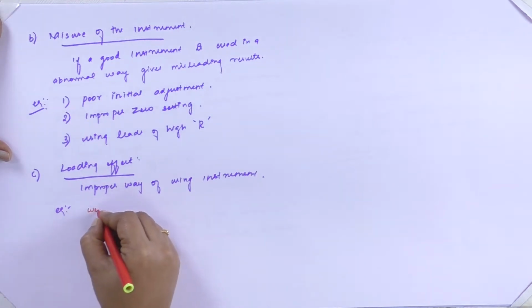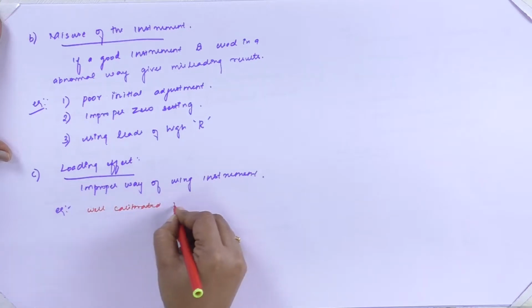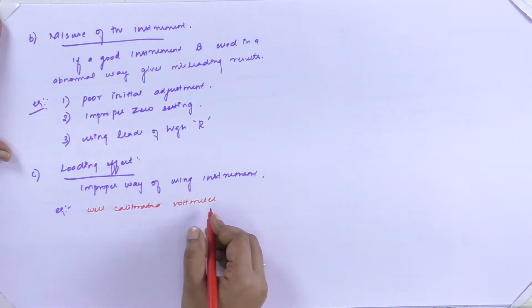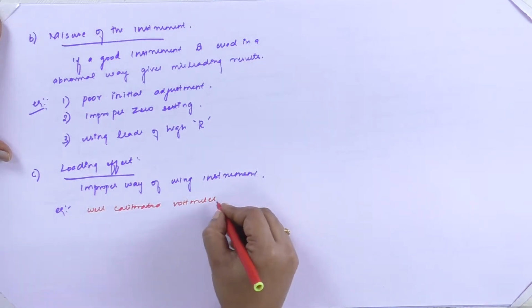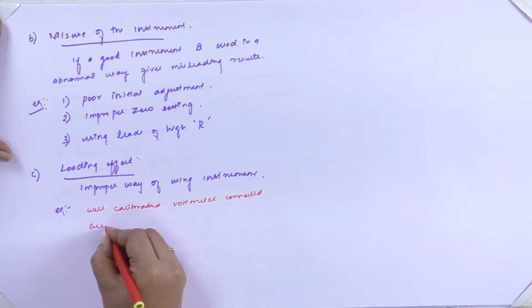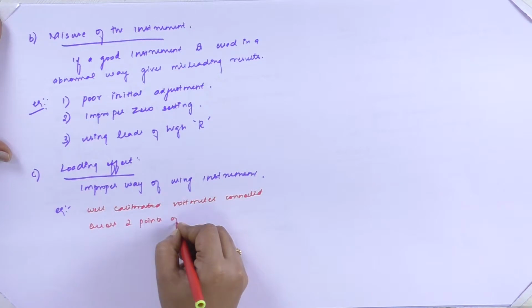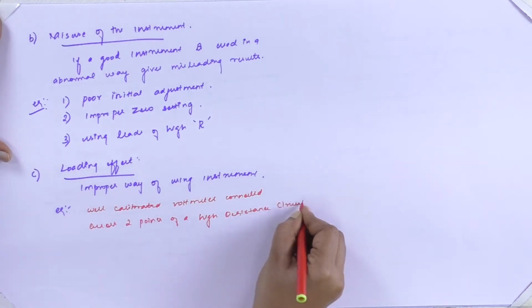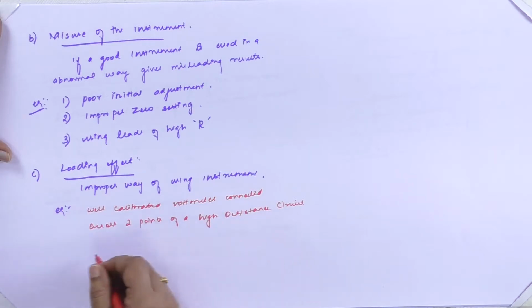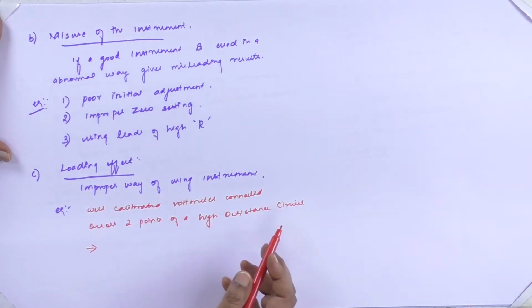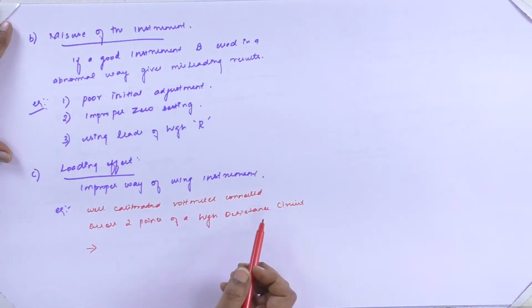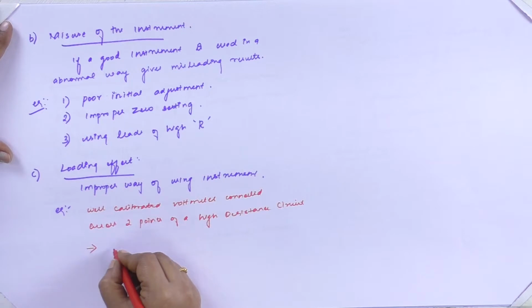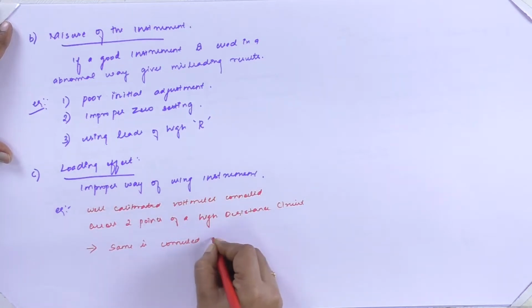if you have a well calibrated voltmeter connected across two points of a high resistance circuit, the voltmeter will read a value, but the accurate reading of that voltmeter will be obtained if the same calibrated voltmeter is connected in a low resistance circuit.